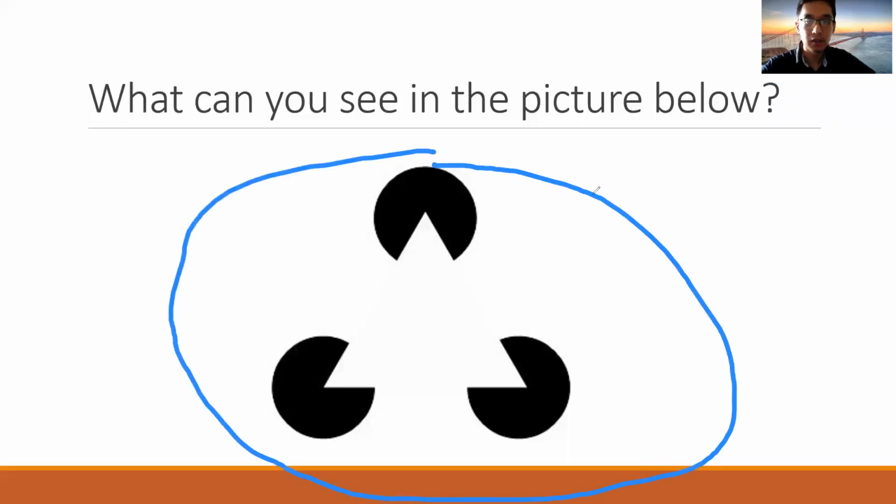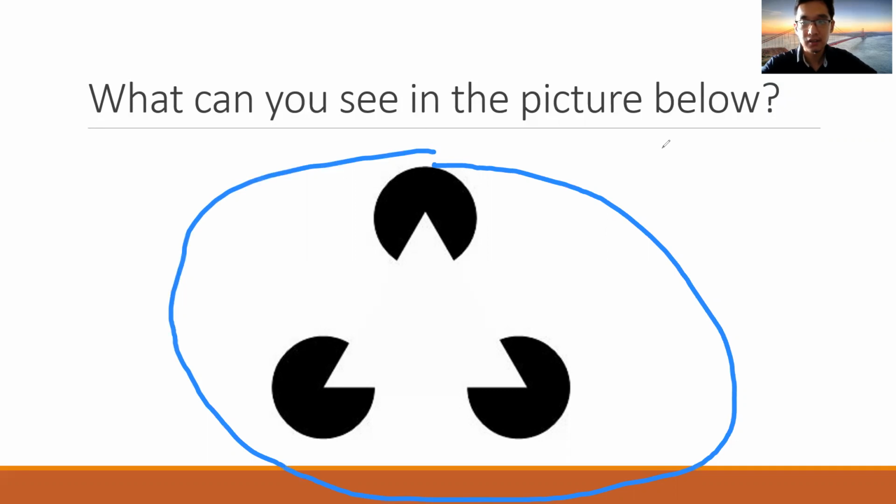What can you see? From my own perspective, it seems like there is a white triangle that covers three circles. Those three circles are black.